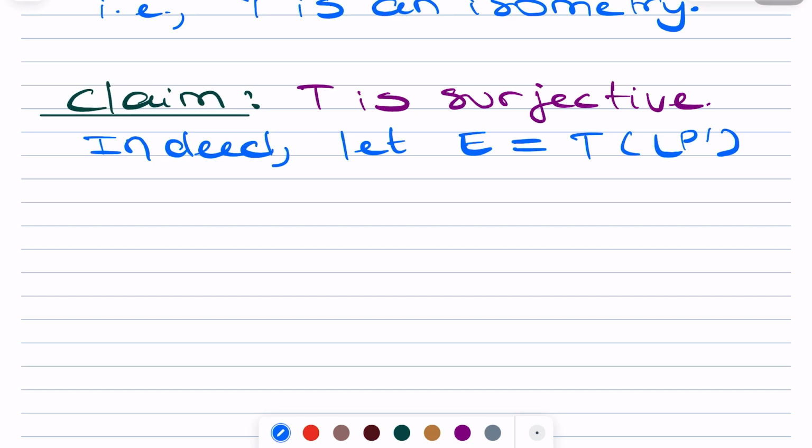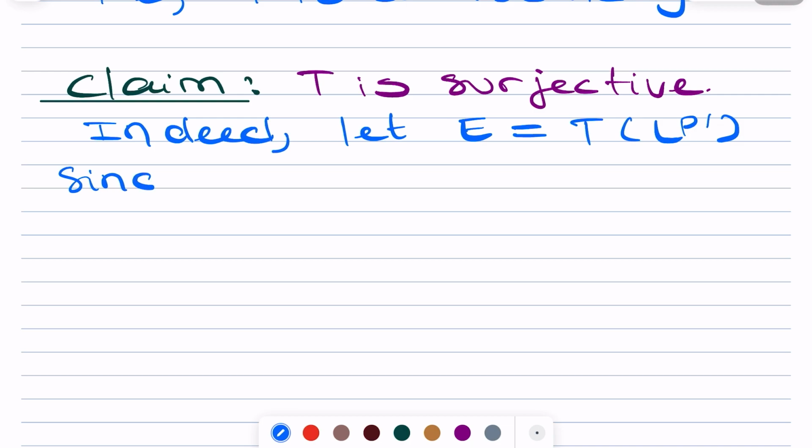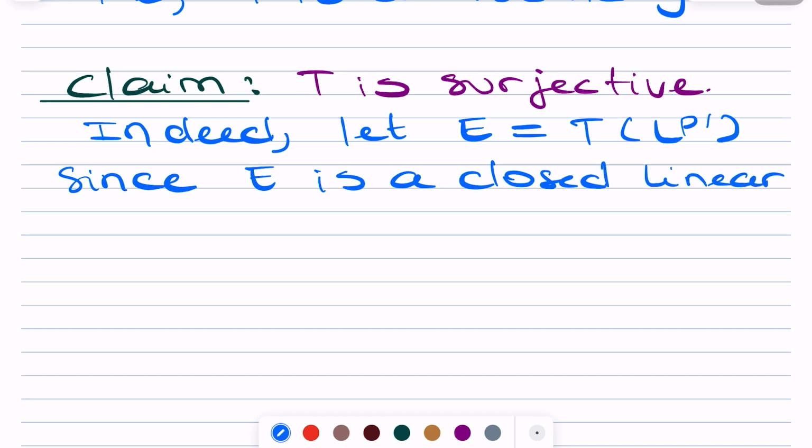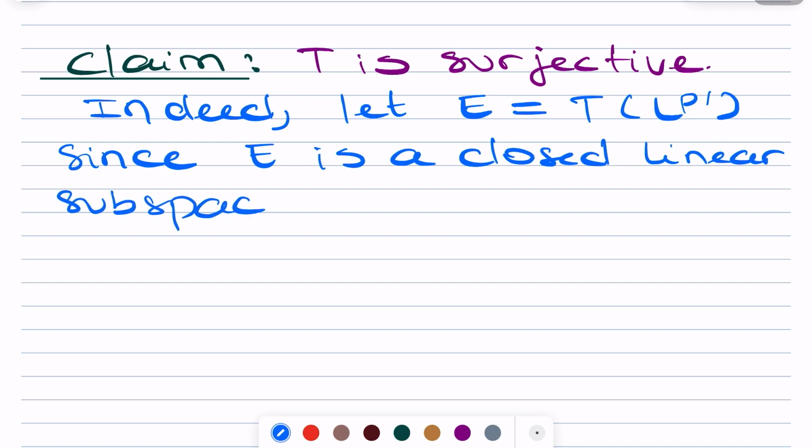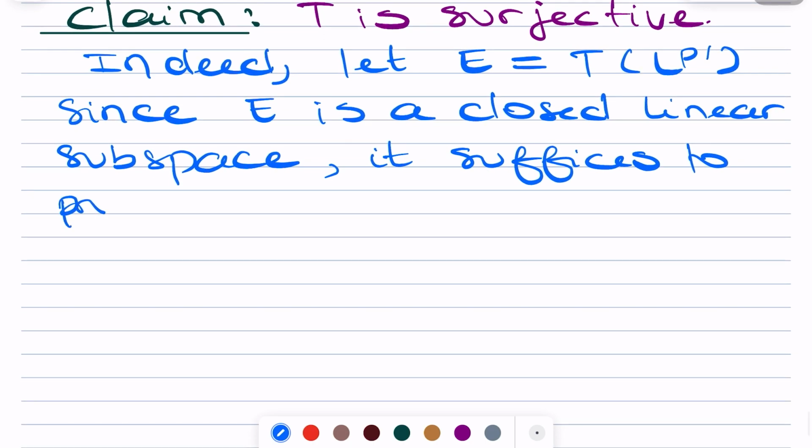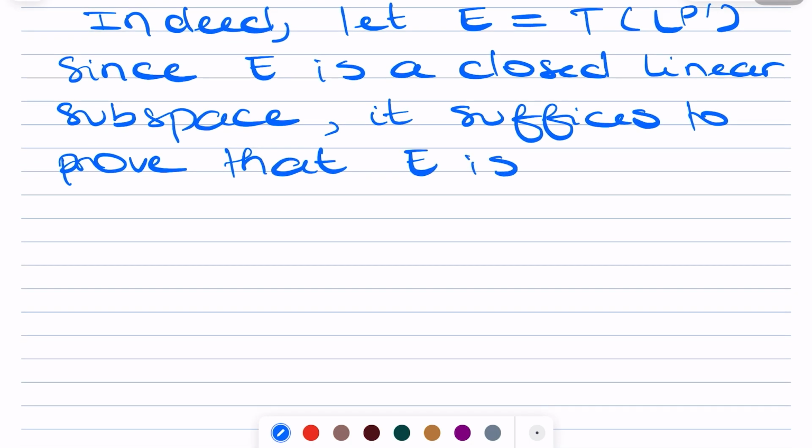Since E is a closed linear subspace, it suffices to prove that E is dense in LP dual, the dual of LP, because E is actually closed, so the closure of E for the strong topology is still E.